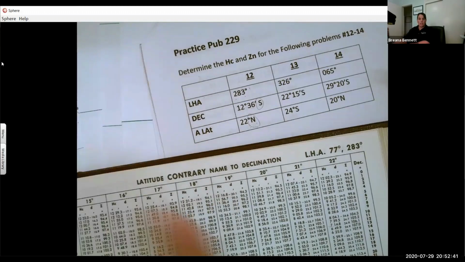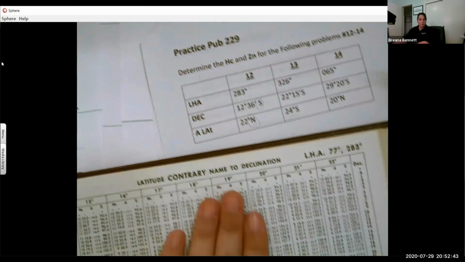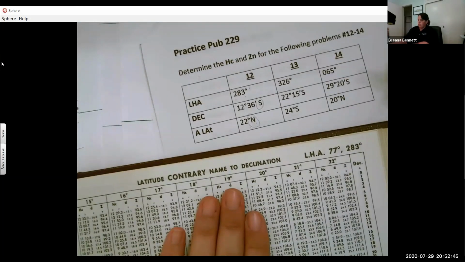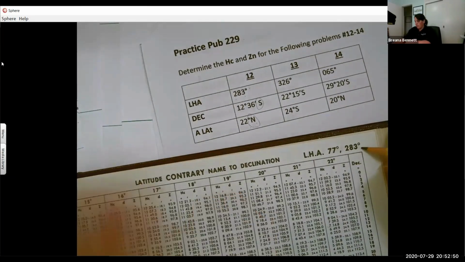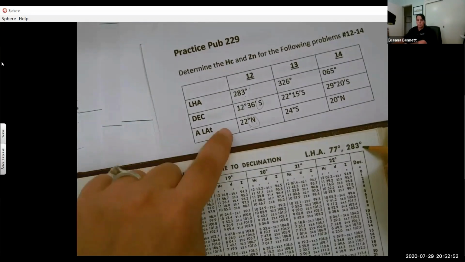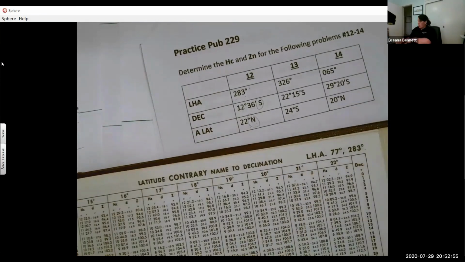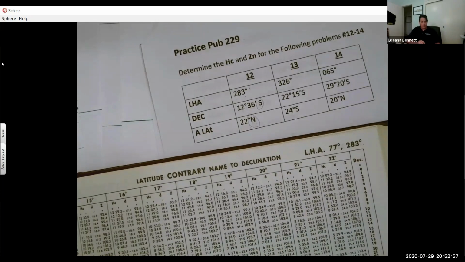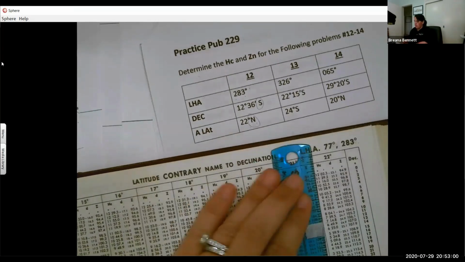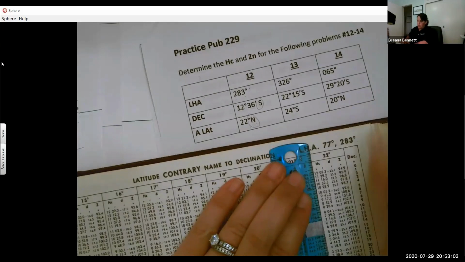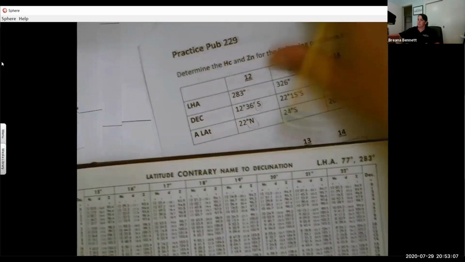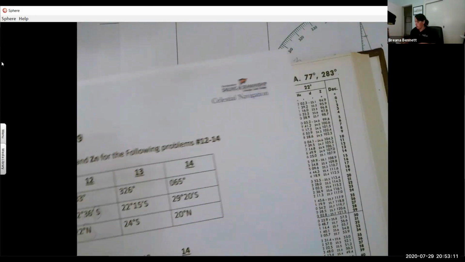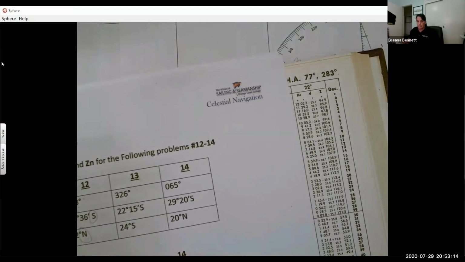So we are on the contrary side. We're going to be on the right side. So we have 283 whole degrees, so I know I'm somewhere on this page. And then I have 22, so I know I'm somewhere in this column.